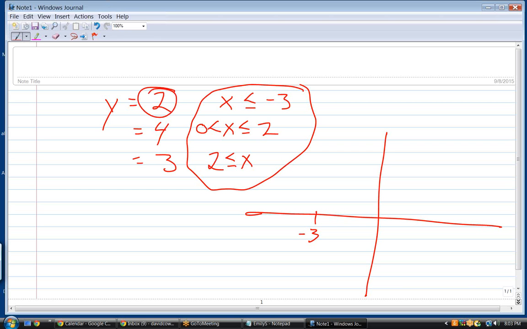X is less than -3, so it has to be on the left-hand side of -3. Over here, 2. Exactly. That's the way you want to do it. Whenever x is less than or equal to -3, y is 2. Well, y is 2 is a horizontal line, like that.